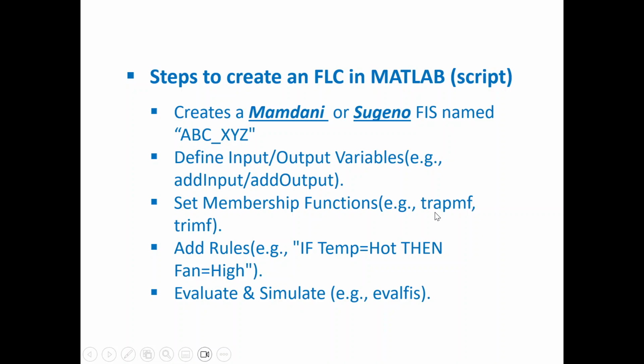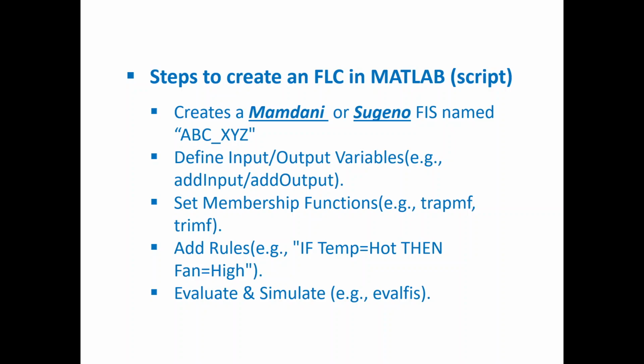Don't forget, after we might have set our membership function based on the range given to us, you are going to be given a range. You specify the range. So in setting the membership function, before you add a rule, we are going to be given a set of fuzzy sets.